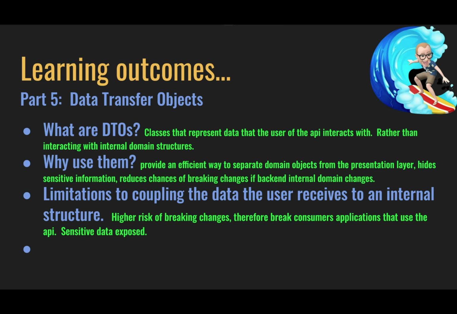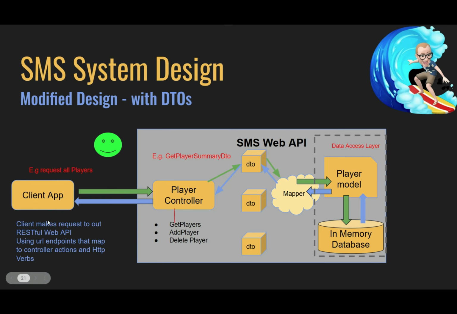So our outside world is strongly coupled to our internal domain, which may cause problems with regards to breaking changes. DTOs are nothing particularly magical. They are purely classes, but they are a level of classes that has added a further level of abstraction into our web API. So our modified design now looks like this.